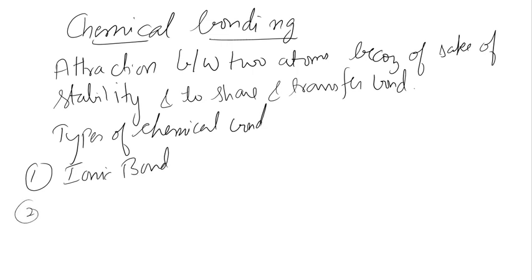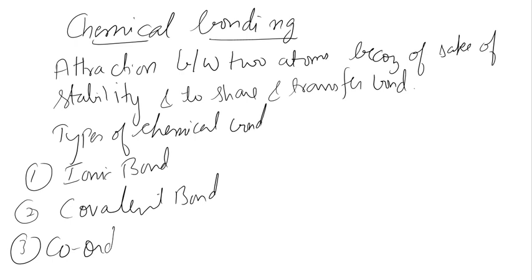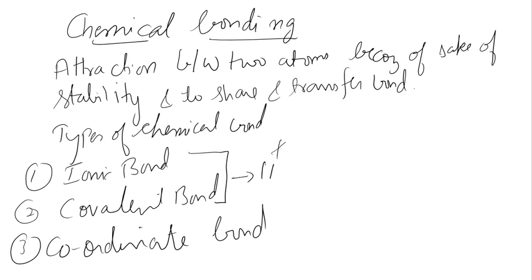Number two is covalent bond. And number three is coordinate bond. These two bonds, ionic and covalent bond, we will study in class 11th, and the coordinate bond we will study in class 12th in the chapter coordination compounds.